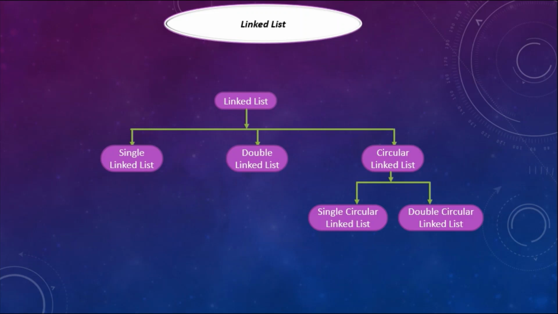In an array, it is necessary to specify the number of elements during the declaration or at compile time, but it is not necessary in the linked list, as the memory is allocated during runtime.